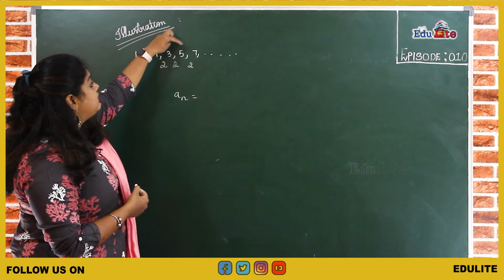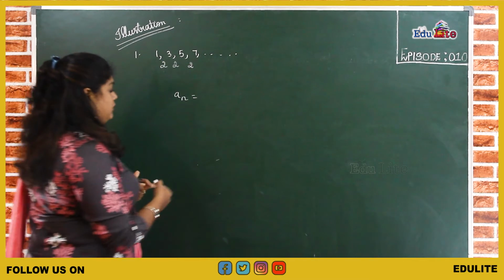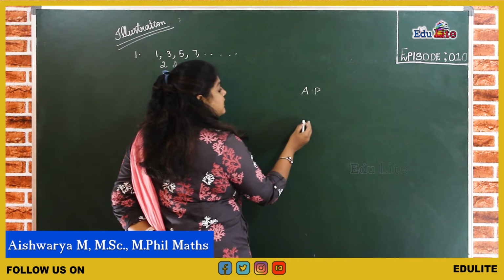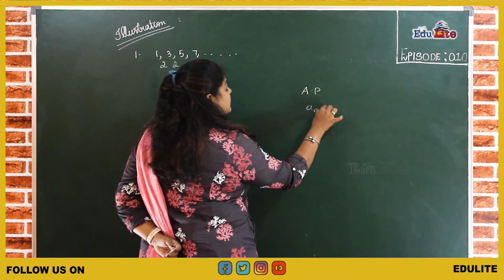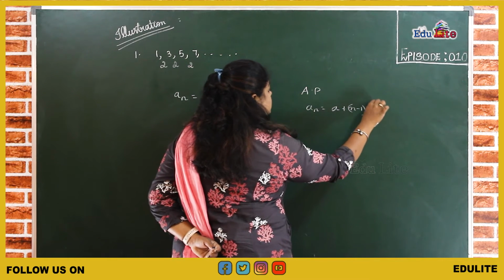Only when the common difference is equal can I use the arithmetic progression. So, I am going to use the arithmetic progression. In arithmetic progression, an can be written as a plus (n minus 1) into d.